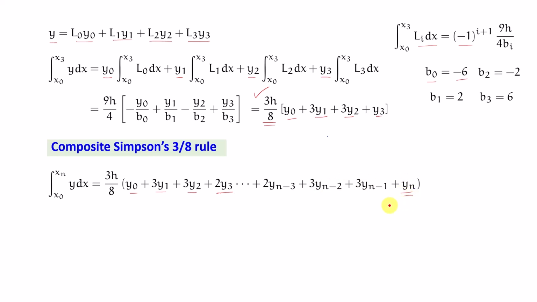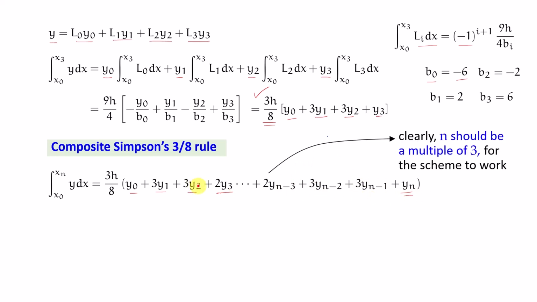So you can see that it always requires 3 intervals here. Then again in the next segment it requires 3 intervals, and so on. So it requires a multiple of 3 intervals. If it is not a multiple of 3 intervals, it will not work. So that is the problem here.